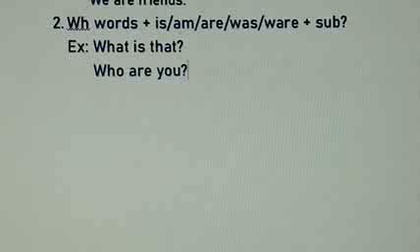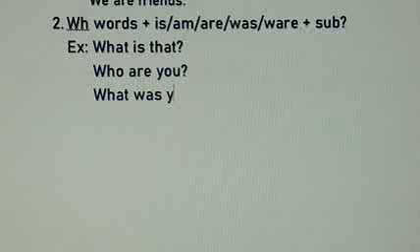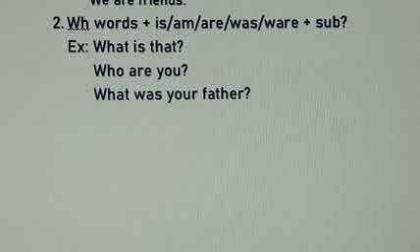Who are you? You already know what it means. You can also write, what was your father? What was your father? Right? It means the WH group. I am using the WH group in the past tense as well with the help of was.